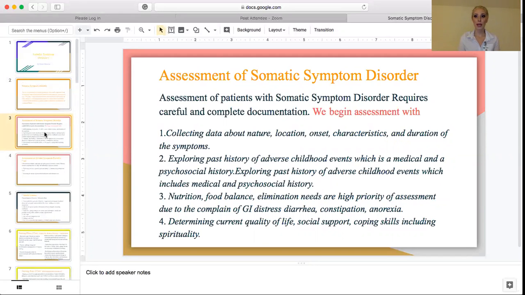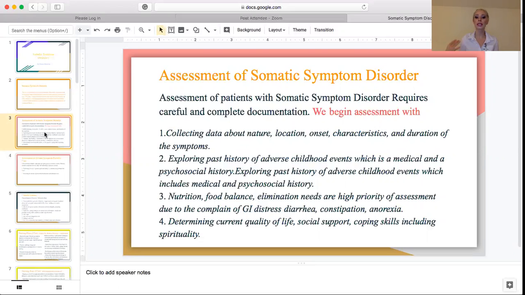To assess somatic symptom disorder, as a nurse, I would look at collecting data about the nature, location, onset, characteristics, and duration of the symptom. Exploring past history of adverse childhood events is very important. Nutrition, food balance, and elimination needs are high priority of assessment due to complaints of GI distress, diarrhea, constipation, anorexia.